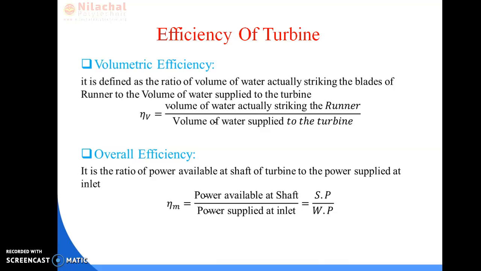It is denoted by the symbol eta V. Now eta V is equal to the volume of water striking the runner divided by the volume of water supplied to the runner.